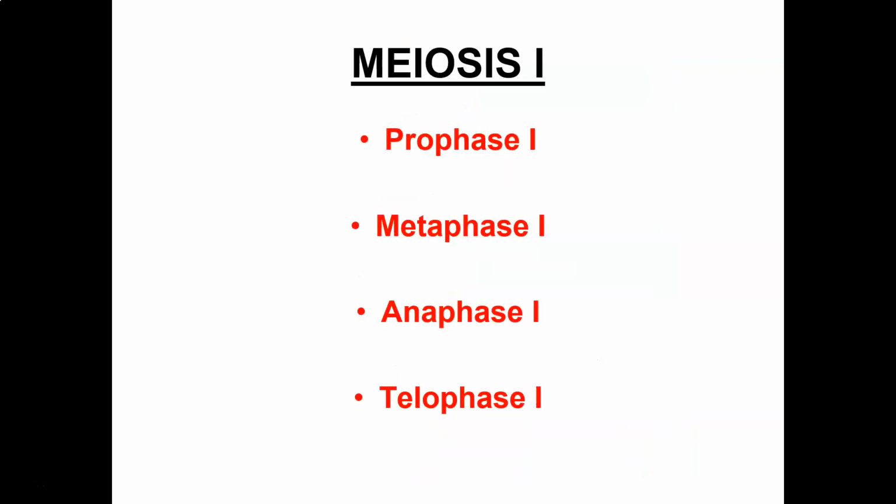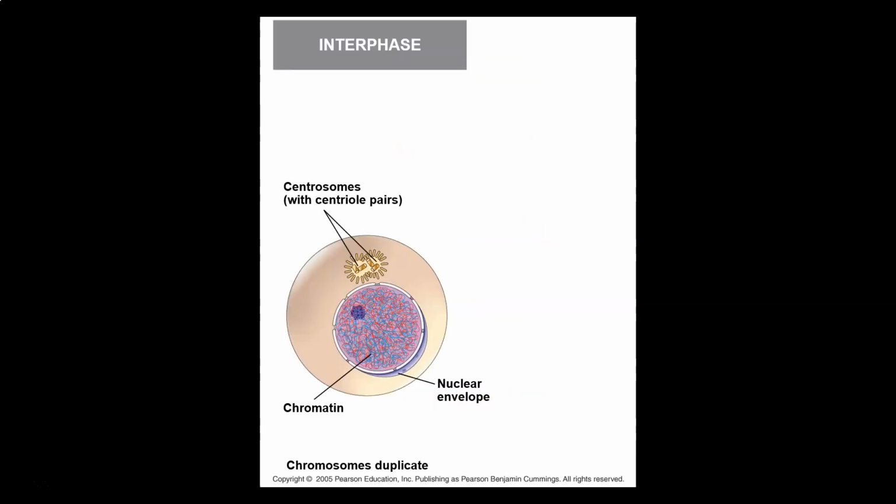Okay, so here are the 4 phases of meiosis 1. Prophase 1 is the first one. Lots of things happen in prophase 1. I guess the easiest place for you to start is to first learn mitosis, and then know that in prophase 1 of meiosis, the same things happen that happened in prophase of mitosis.